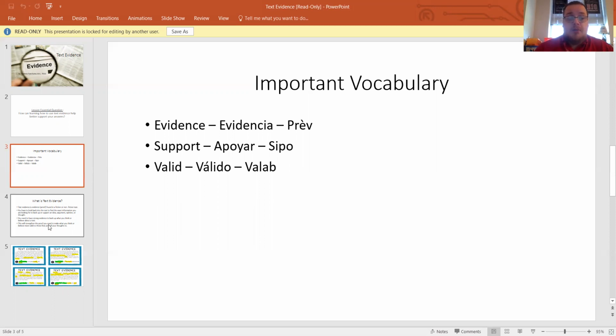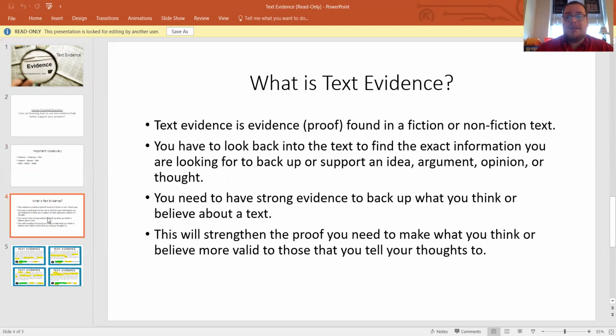Okay, so we'll go on to talk about what text evidence is. Text evidence, or evidence, which is known as proof, is found in fiction or nonfiction text. Okay, so anytime you read like a nonfiction text, like a science book or social studies, you can find evidence in there. Or it'll ask you, remember, your teacher says to find evidence to support your answers.